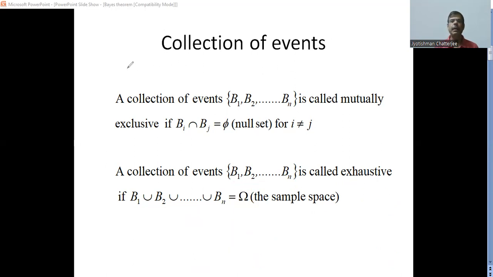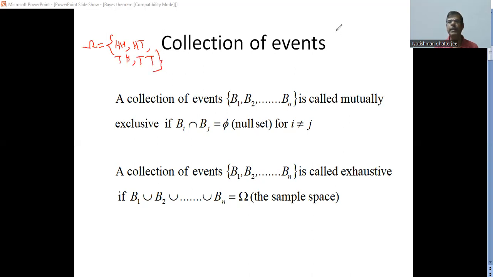Let me give you some examples of both. Consider a coin toss twice. What's the sample space here? The sample space is HH, HT, TH, and TT.